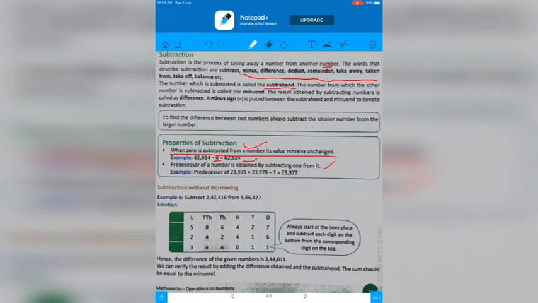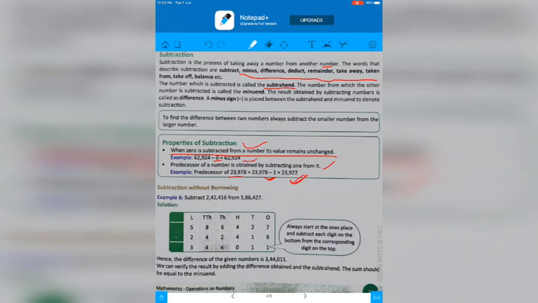In a successor we add 1, and in a predecessor we subtract 1. For example, to find the predecessor of 23,978, we subtract 1, and we get the predecessor.